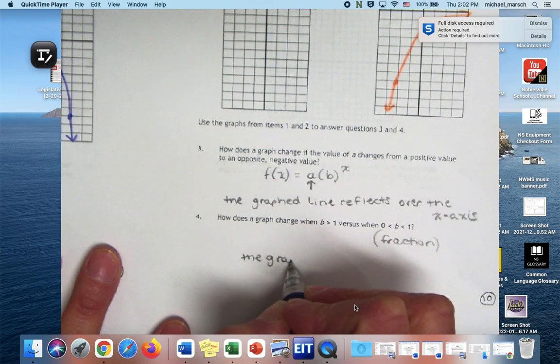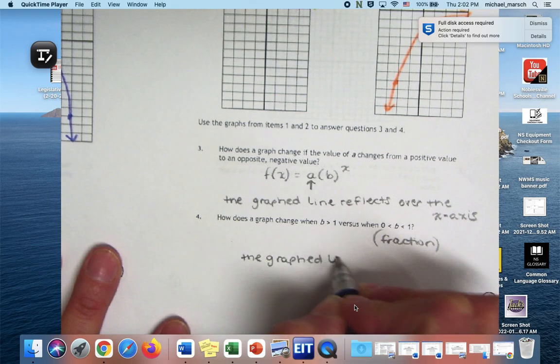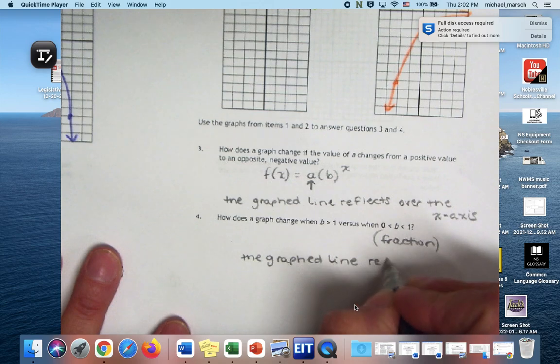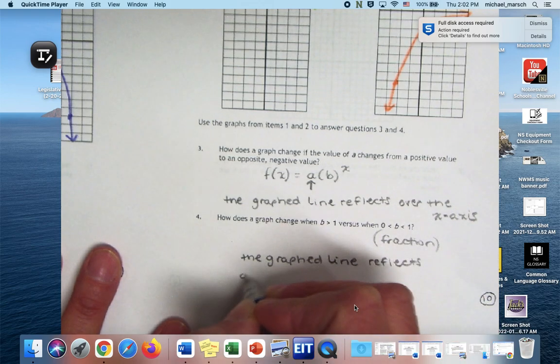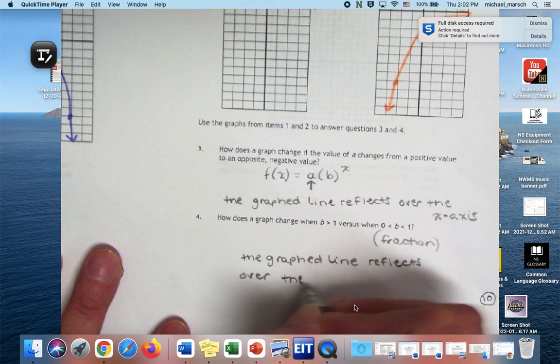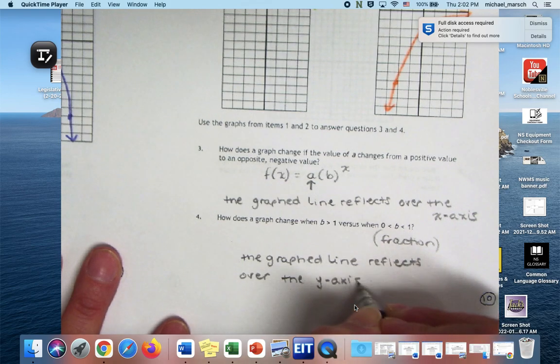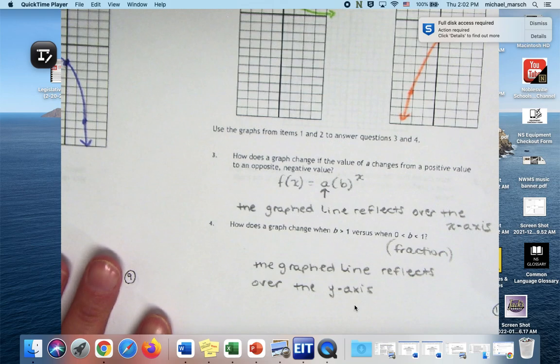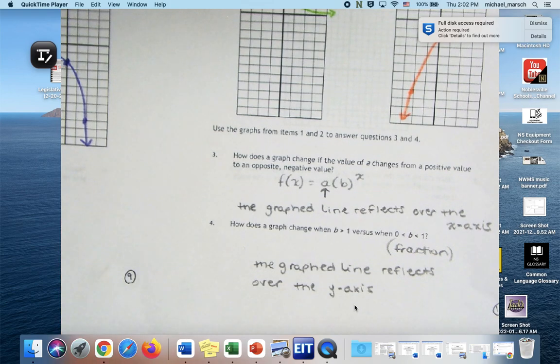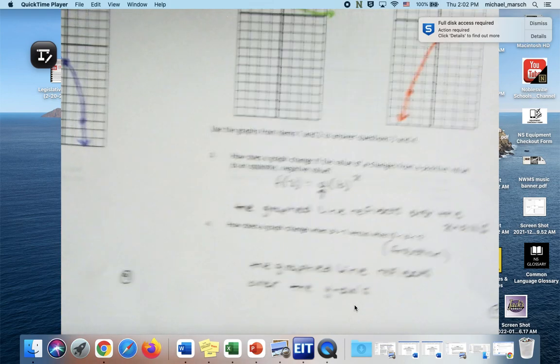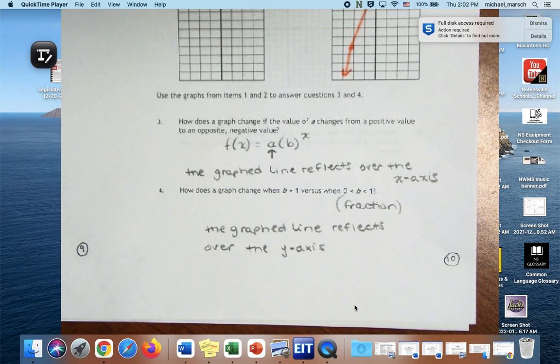The graphed line reflects over the y-axis. Oops, you guys can't see that, I'm sorry. I'll show in just one second where it goes. It's number 4 on page 10. So the A value affects where it is on the x-axis, and the B value affects where it is on the y-axis.